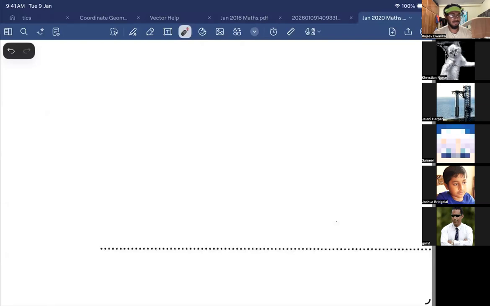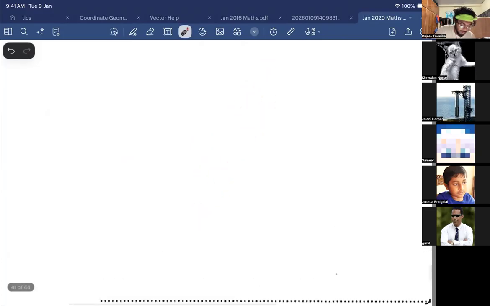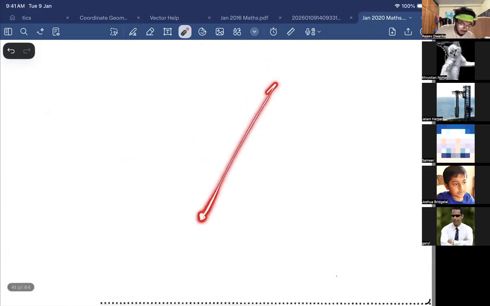No. Vectors could be parallel, but not on the same line. What would make it collinear? Points on the same line. Exactly. If I have this vector here, and then I have another vector that's also parallel, and they start from the same point, you know the points along that line are collinear. Like they're on the same line.